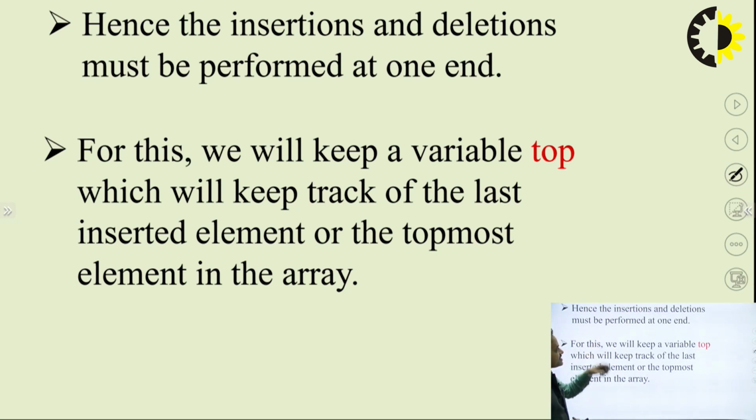Hence, insertion and deletion must be performed at one end called top. For this, we keep a variable top which keeps track of the last inserted or topmost element in the array. By using the top variable, we keep track of the top element where we inserted or deleted an element.